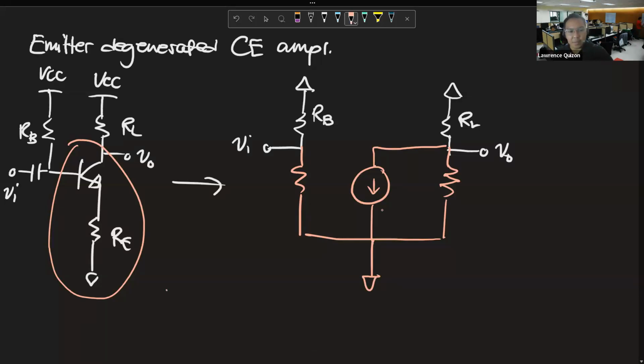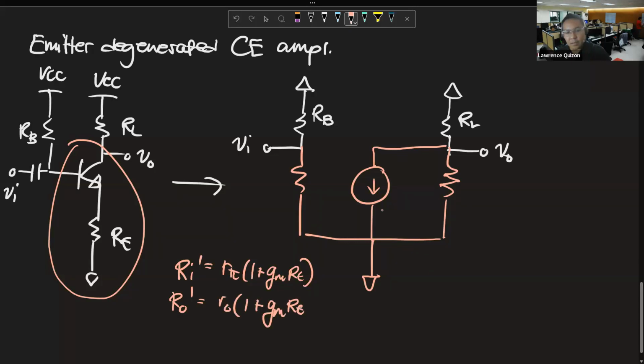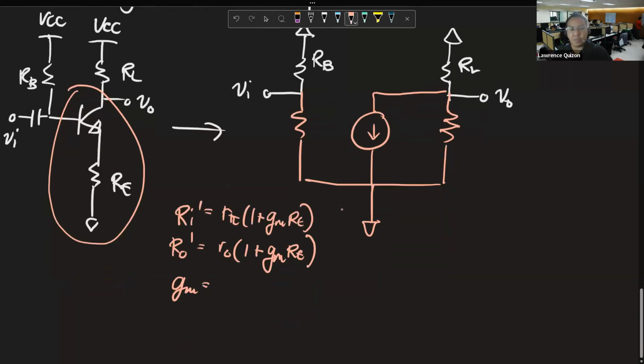So finally, since we know the values na, no? So Rn prime is R pi times 1 plus Gm Re. R out prime is equal to R out times 1 plus Gm Re. And Gm prime is equal to Gm over 1 plus Gm Re.